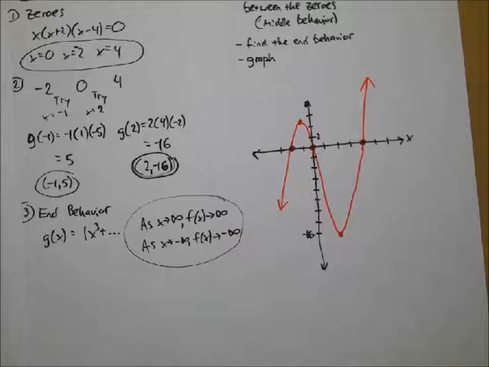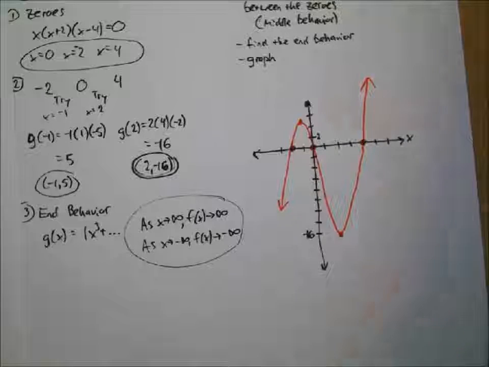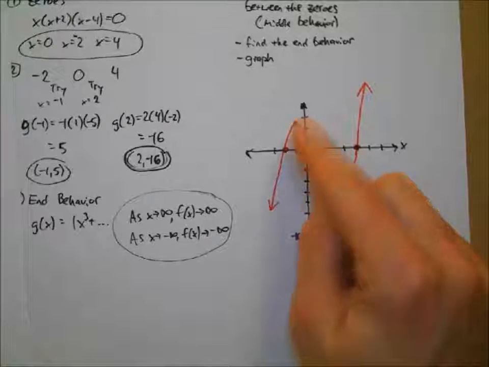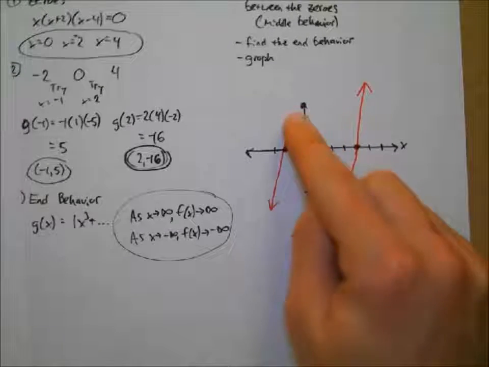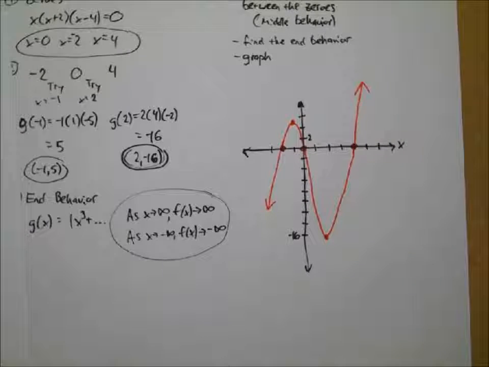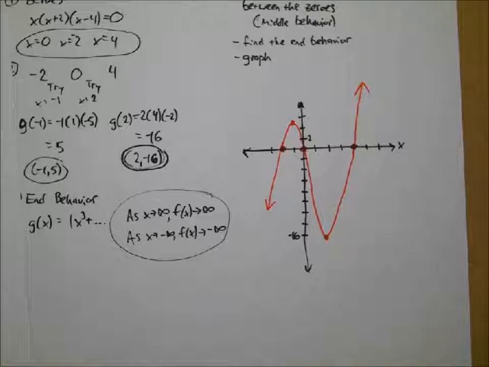No, because the end behavior keeps going up towards infinity. Does our graph have an absolute minimum? No. So there are no absolute extrema on this graph, but there are relative extrema. Relatively speaking, that is a maximum for this little neighborhood of points. And for this little neighborhood of points, that is a relative minimum. That is the lowest point there, but it's not the absolute lowest point of the graph.